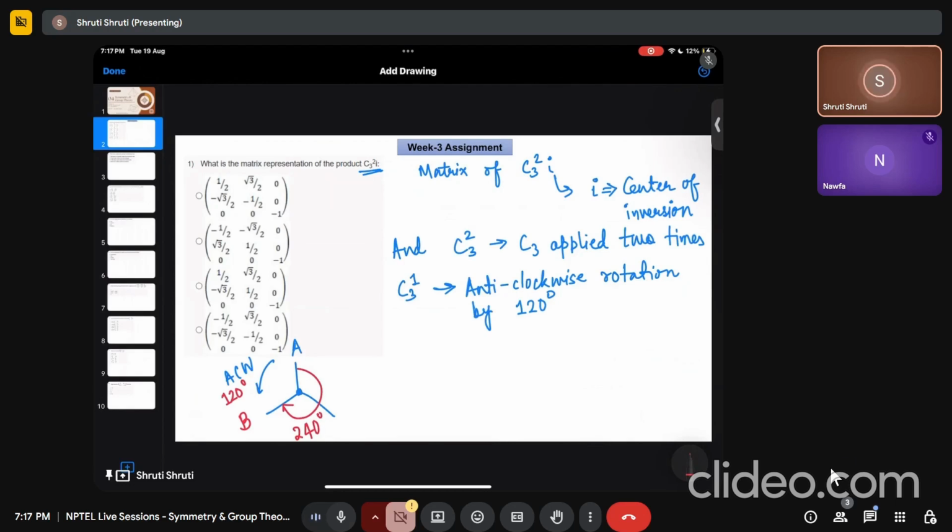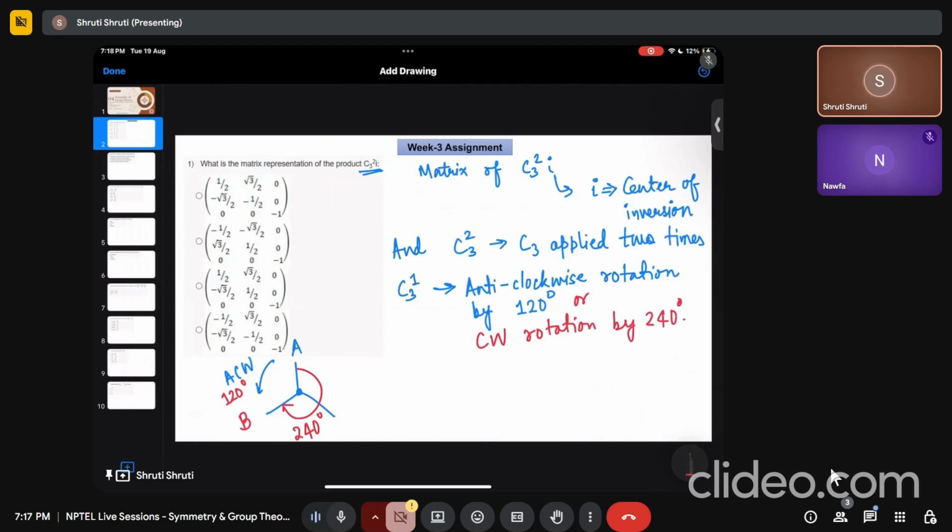So it is anti-clockwise rotation by 120 degrees, or clockwise rotation by 240 degrees.